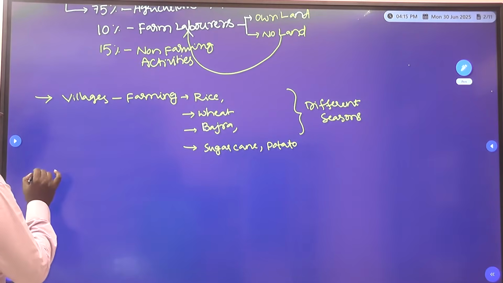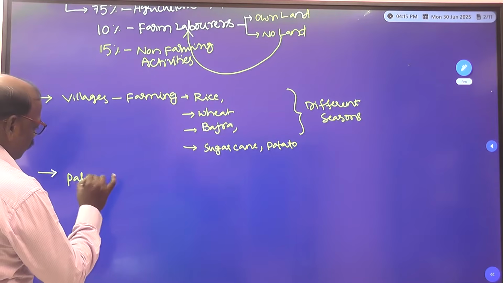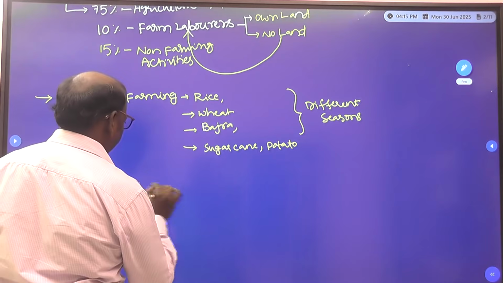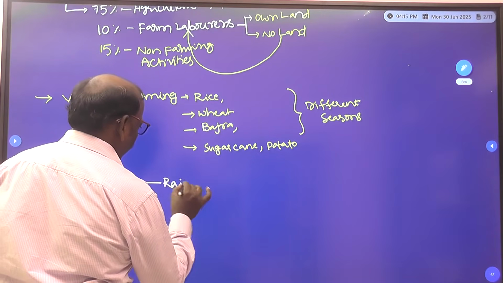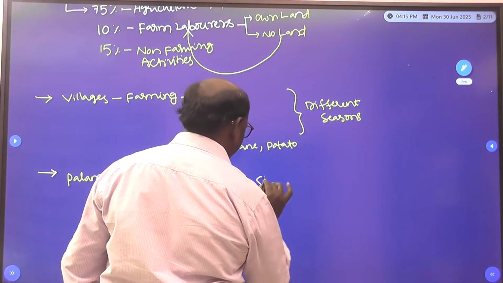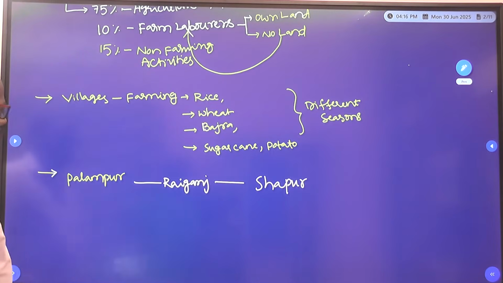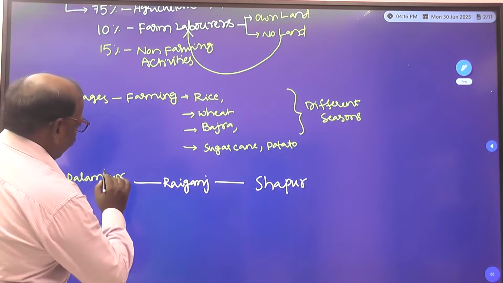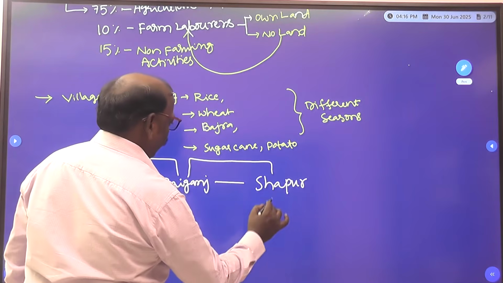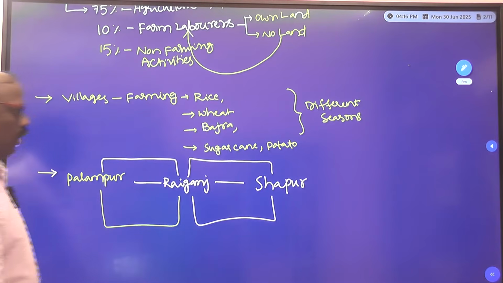Here the Palampur village is located in between Raiganj and Shapur. From Palampur to Raiganj and Raiganj to Shapur, every day people go to buy their items and all.